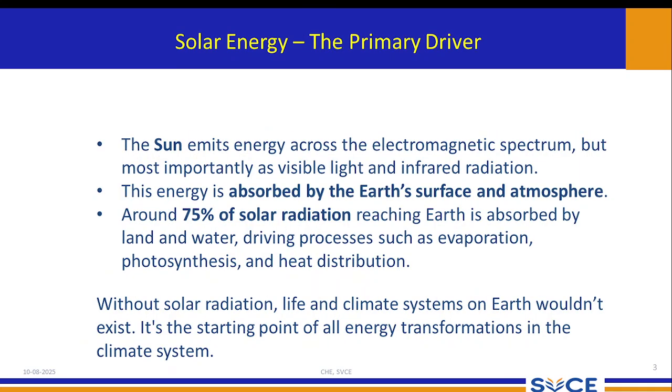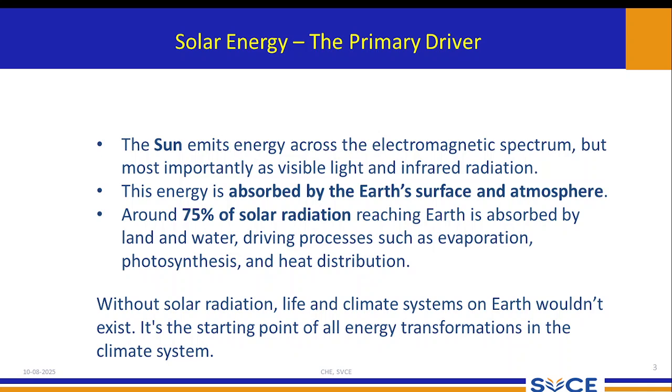Coming to solar energy, the primary driver for climate change. The sun emits energy across the electromagnetic spectrum, but most importantly as visible light and infrared radiation. This energy is absorbed by the Earth's surface and atmosphere. The sunlight from the sun takes almost 8 minutes to reach the Earth's surface.